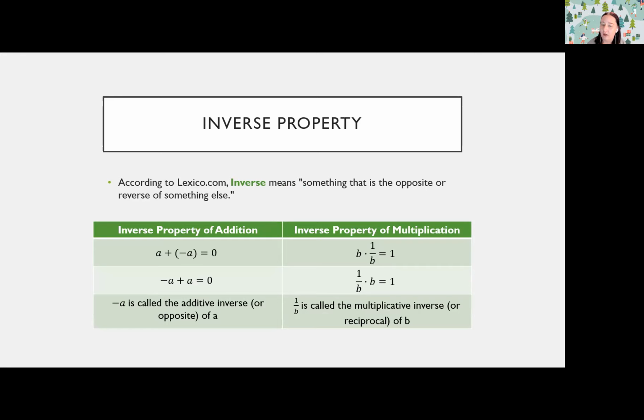And so they give us the additive identity when you add these together. For multiplication, the inverse is also the reciprocal. We already defined reciprocal. It's the multiplicative inverse, because when you multiply them together, you get 1, which is the multiplicative identity. So these are related to the identity properties.